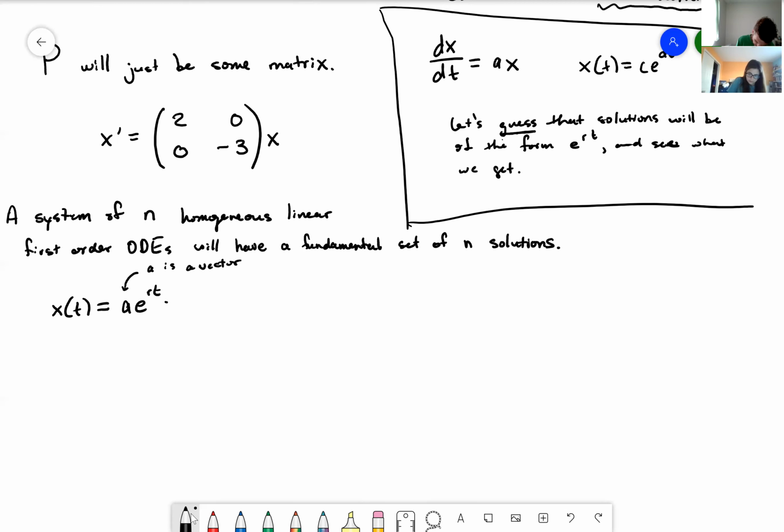Actually, I can just write this out. Let's call it a1, a2, e to the rt. This is the extension of the assumption that we made before, right?